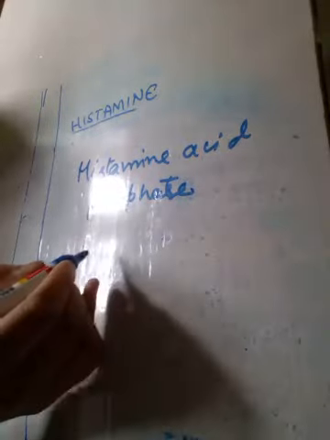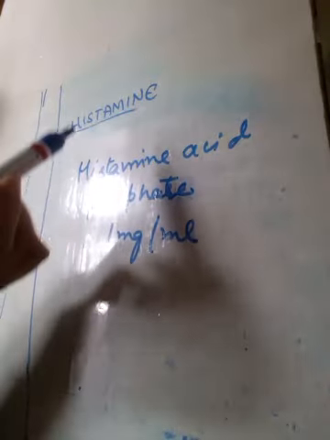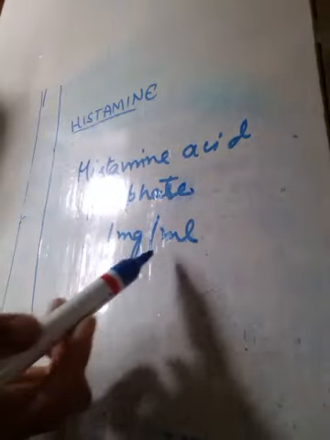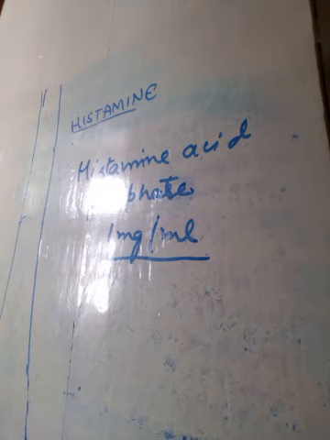It is an injection. It contains 1 milligram per ml. So this is the common preparation which is present in the market, that is histamine acid phosphate. It comes in the concentration of 1 milligram per ml.